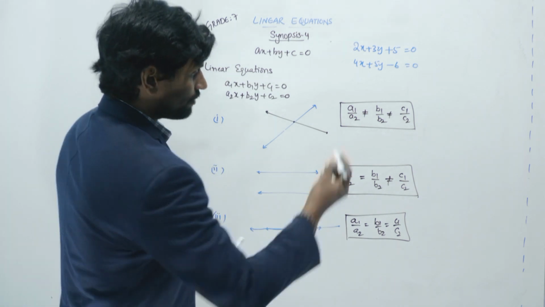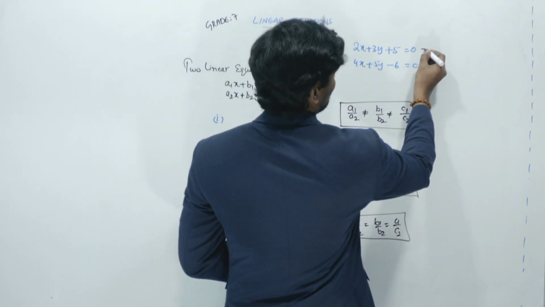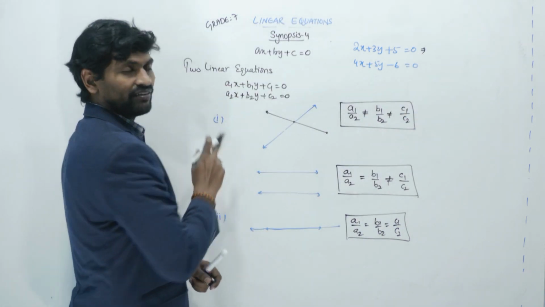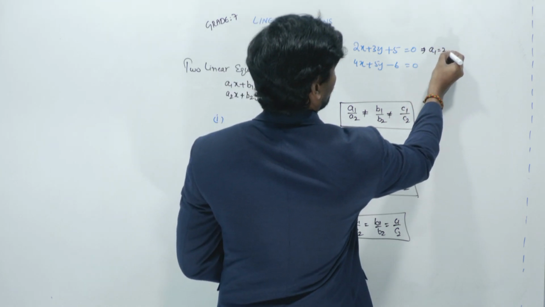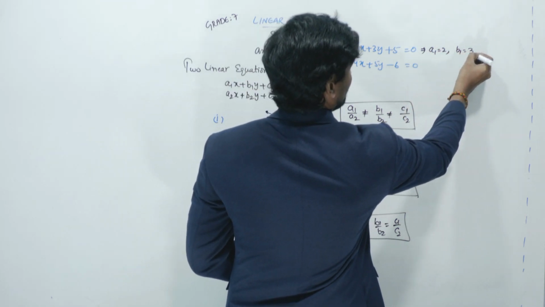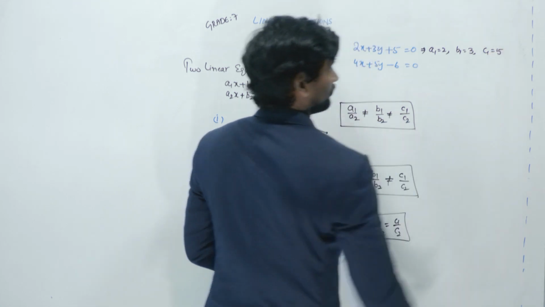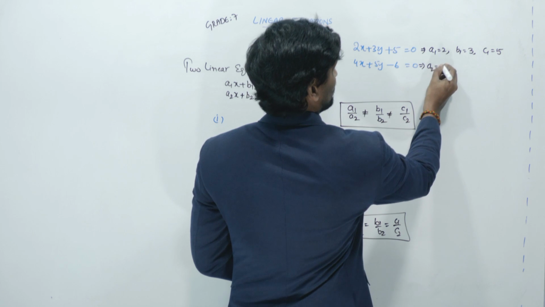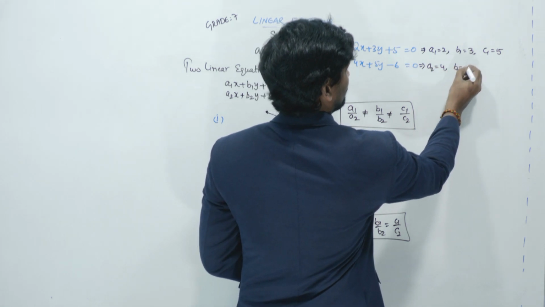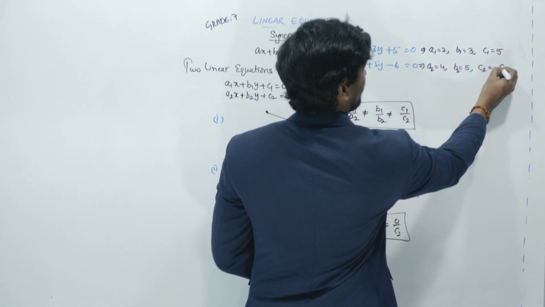From the first linear equation, let us consider the general form a1x plus b1y plus c1. So what is the a1 value? a1 value is 2, b1 value is 3, c1 value is 5. Now for the second one, a2 value is 4, b2 value is 5 and c2 value is minus 6.